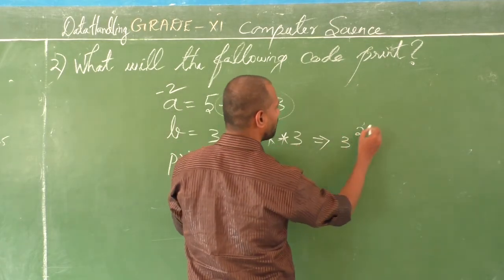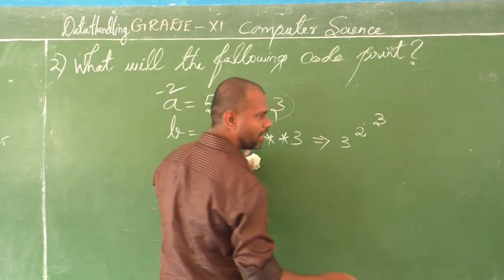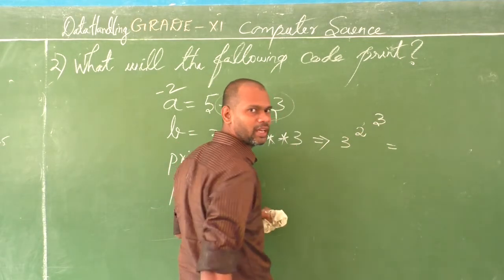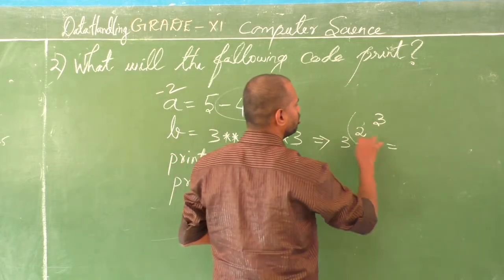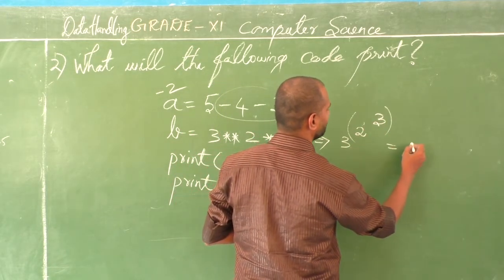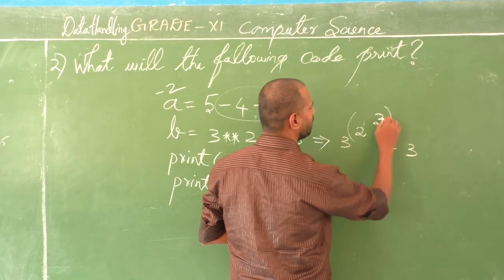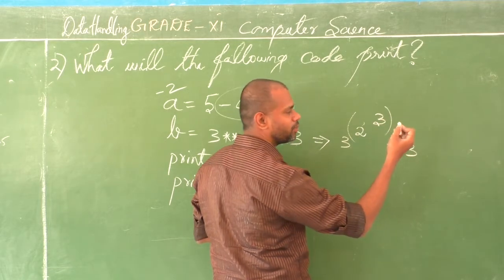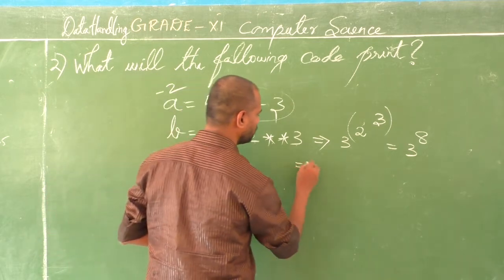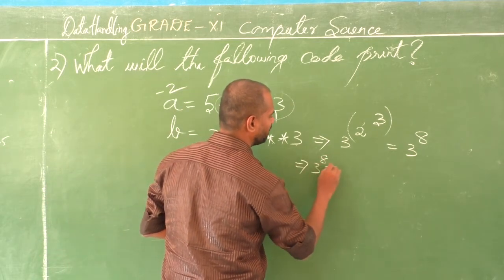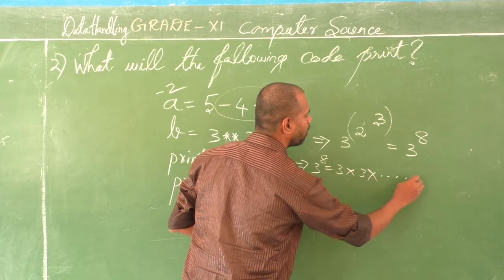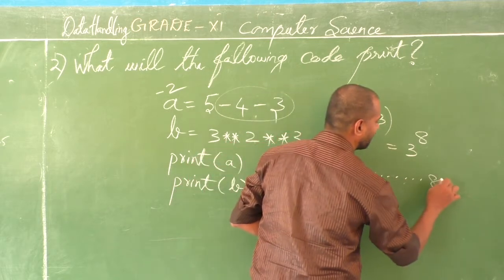So 3 power 2 power 3. How to calculate: 2 power 3 is 2 into 2 into 2, which is nothing but 8. So 3 power 8 means 3 multiplied by itself 8 times.